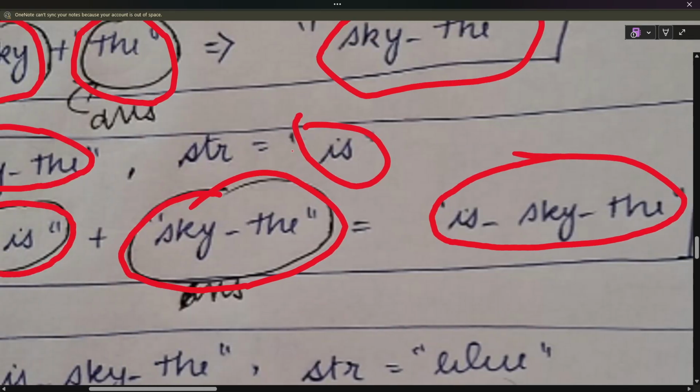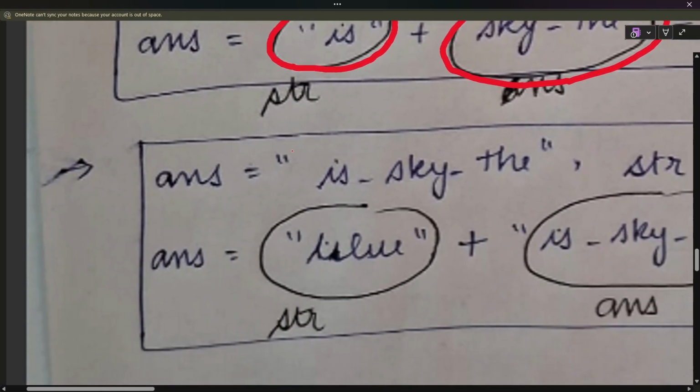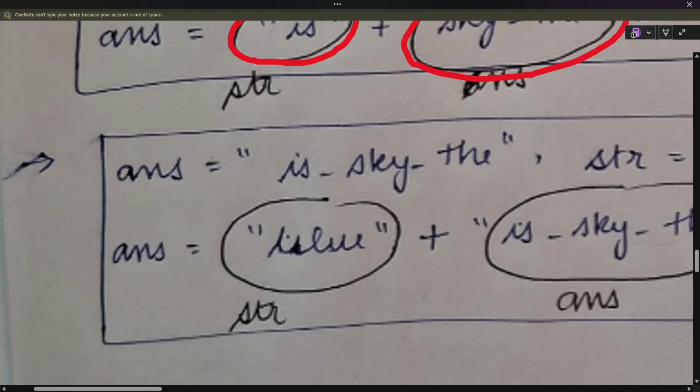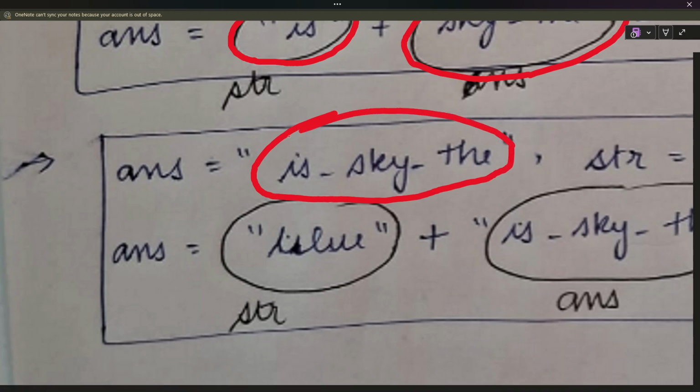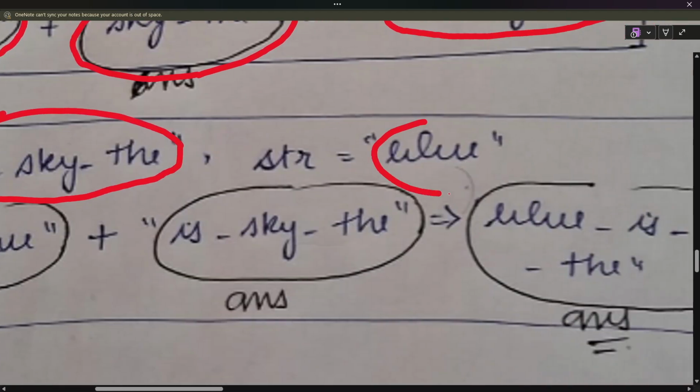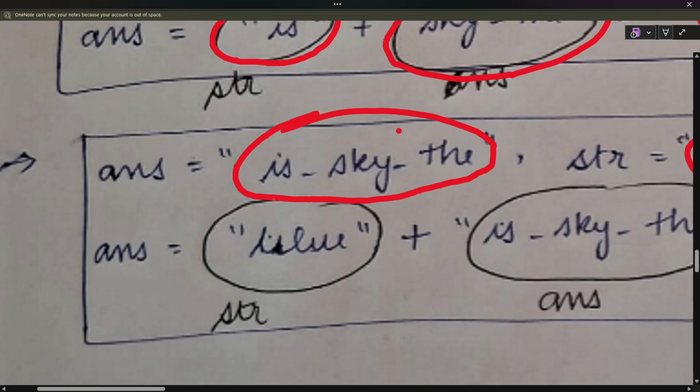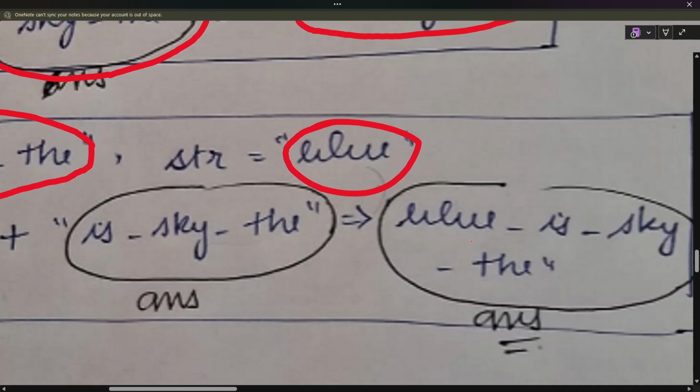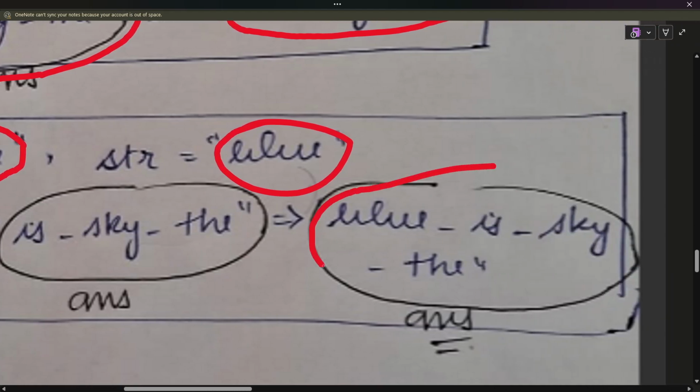Okay, so now for the next answer, the answer is "sky". The next word which comes is "blue". So if we append "is sky" to "blue", the answer becomes "blue sky the", right?